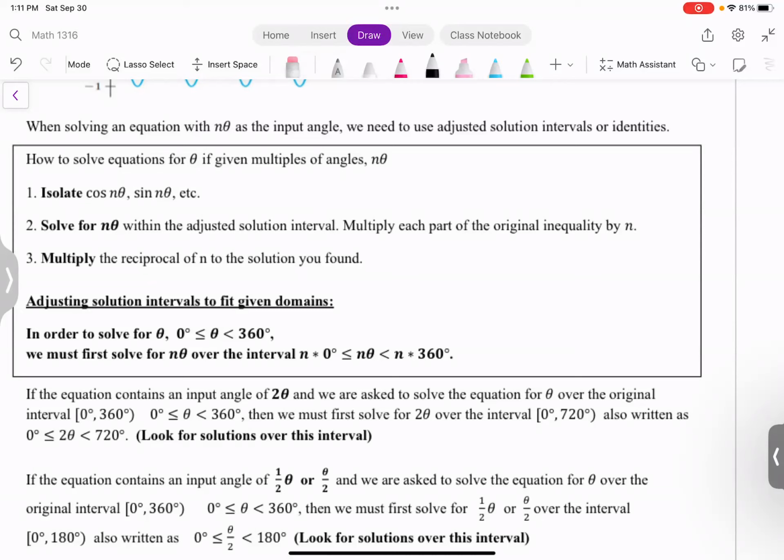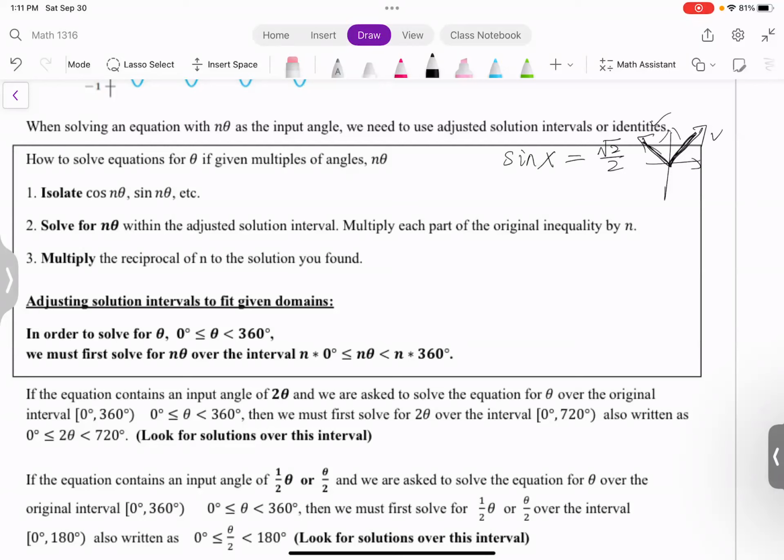What is the meaning of that? For example, in the previous example, I have sine x and I isolate the sine x, for example, square root 2 over 2. For one revolution, my x should be in the first and the second quadrant, and then I can find the x value.